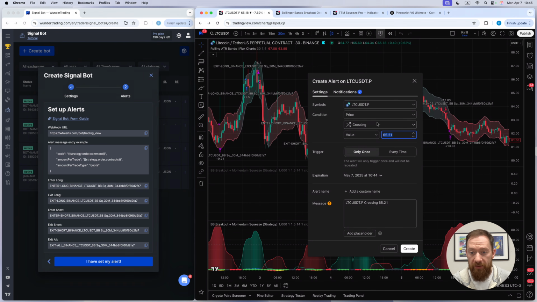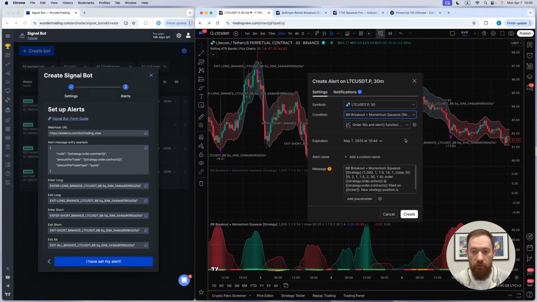And now we need to select the condition, which is going to be our Bollinger Band breakout and momentum squeeze. And in the message field here, provide this piece of code, which is going into the alert message.